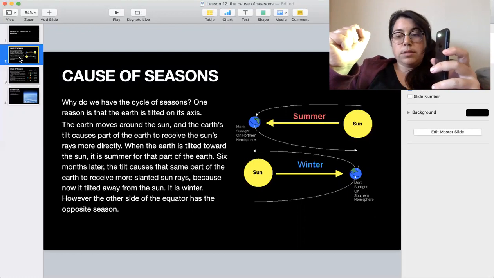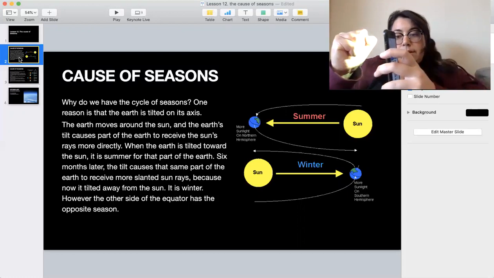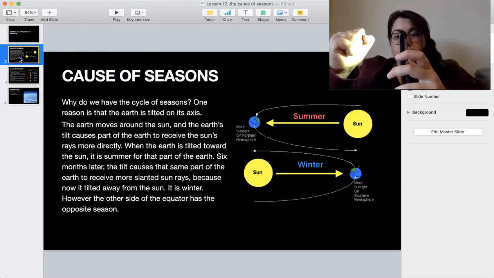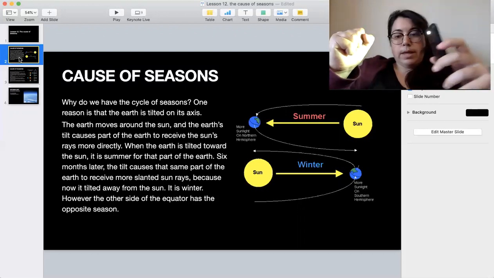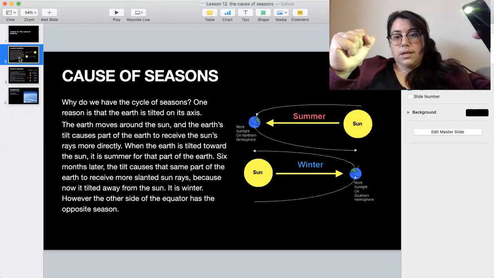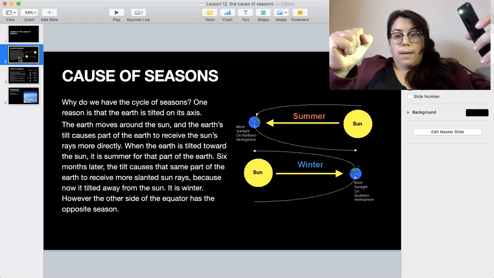But what happens if I don't do it directly, but I do it in an indirect way, like this? Still, it's receiving light, okay? But it's not in a straight way. It's in a slanted way. Meaning, in Spanish, que en vez de que le caigan los rayos del sol derecho, le caen de costado.